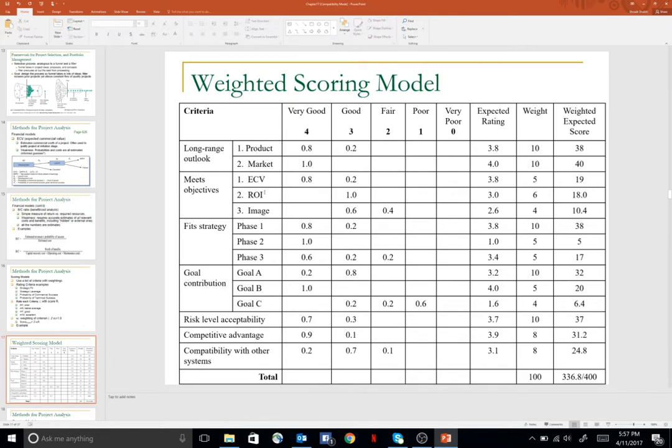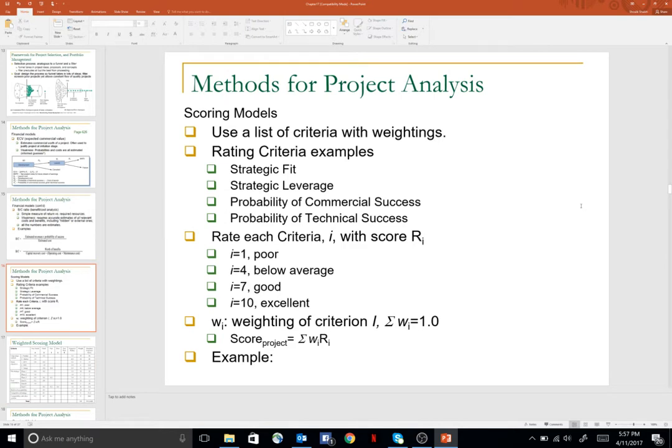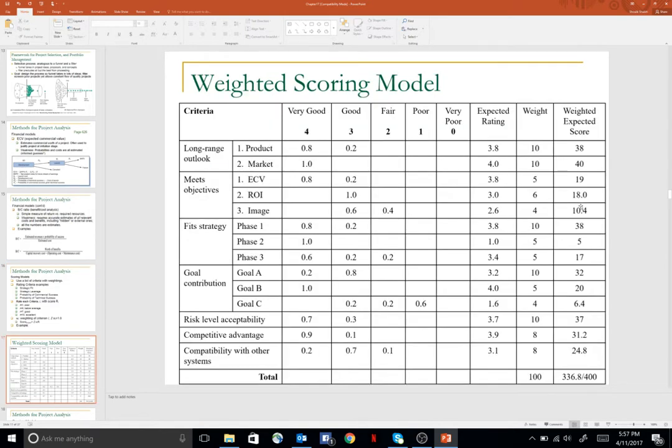So once again, what we're doing is we're just breaking down our project, whether or not it's meeting our goals, whether it fits with our vision of our company, is it meeting some of our financial objectives, what's the long-term outlook, and we just do a general scoring, and we get some kind of impact score, and we translate this into, once again, identifying whether or not we are going to pursue this project, continue with the project, or perhaps even terminate the project. Excuse me.